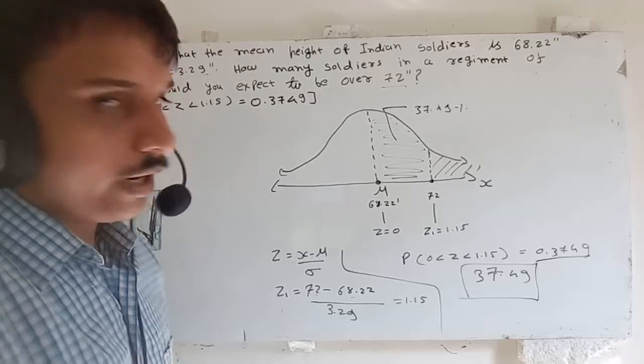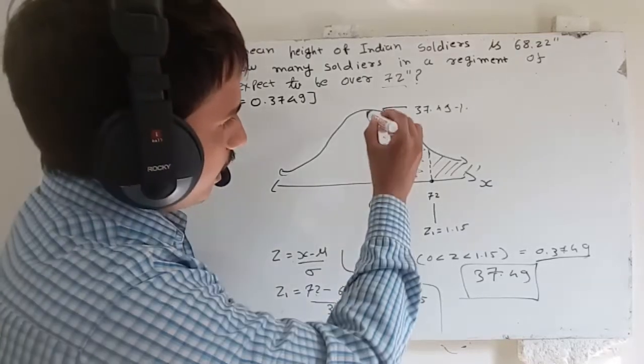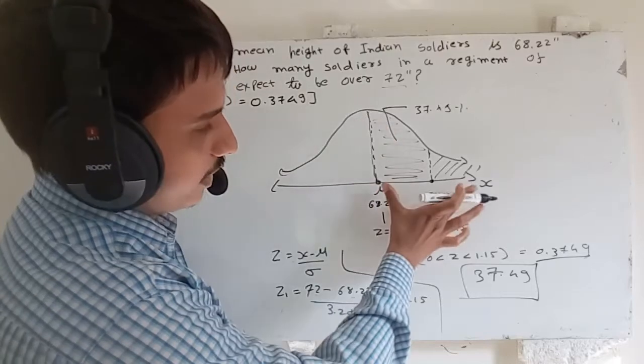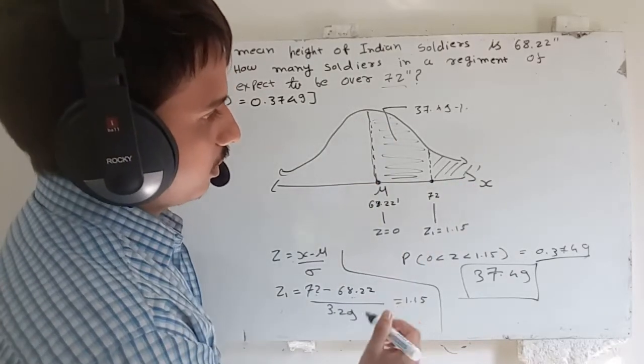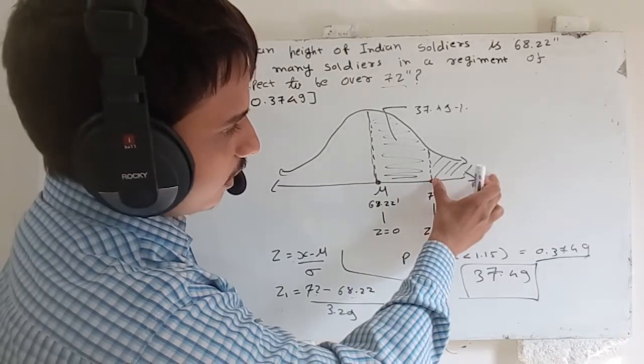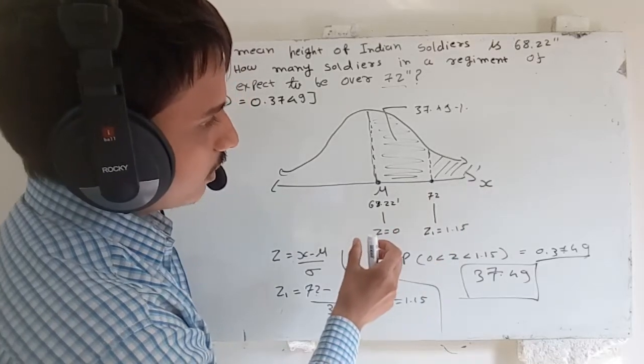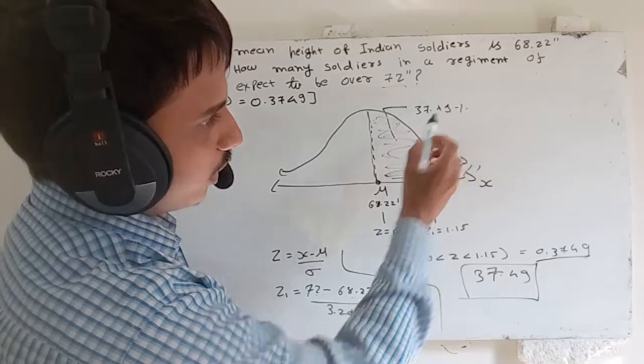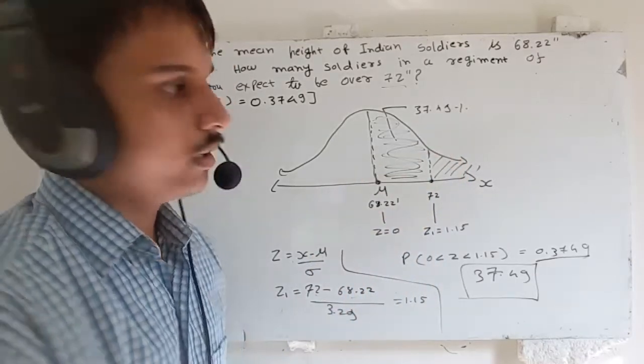Now as we already know that area at right of this vertical line is 50%. Now in order to find this area, we have to subtract this area, that is 37.49, out of 50.